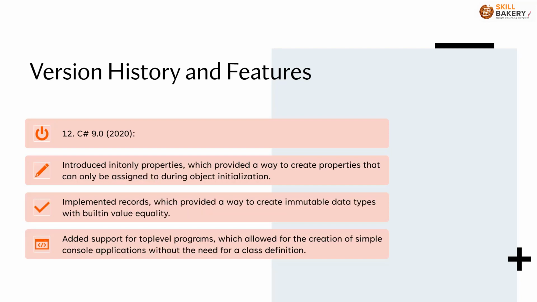Then with C# 9.0, we had init-only properties, which provided a way to create properties that can only be assigned to during object initialization. Implemented records, which provided a way to create immutable data types with built-in value equality. Added support for top-level programs, which allowed for the creation of simple console applications without the need for a class definition.